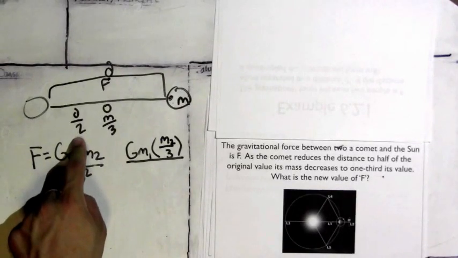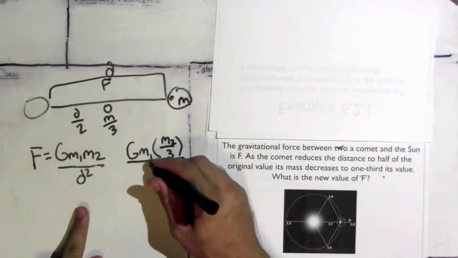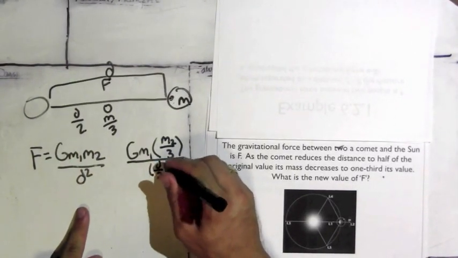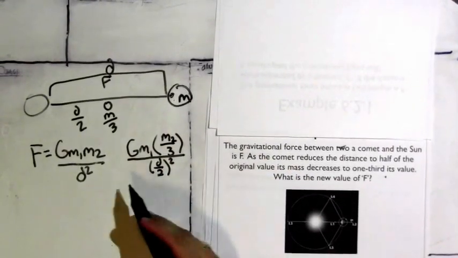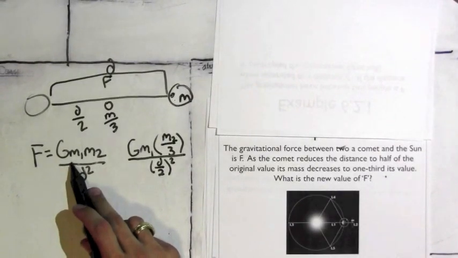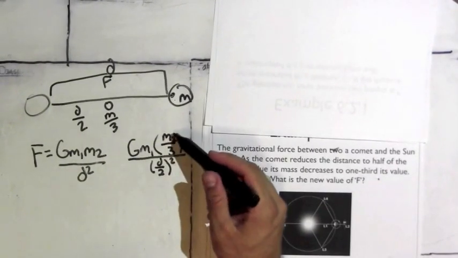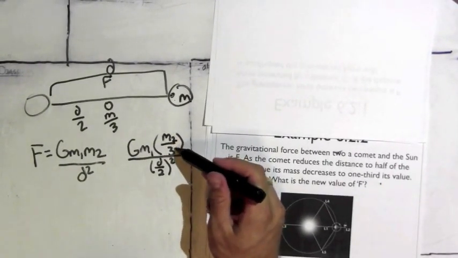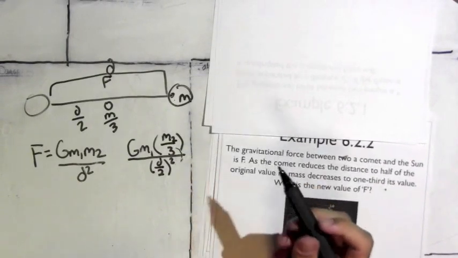The distance is also reduced. So instead of writing d, I write d over 2 and then square it. At this point, I want to get back to the original equation. So I still have G m1 m2. I'm going to move this 3 down to the bottom where it belongs.